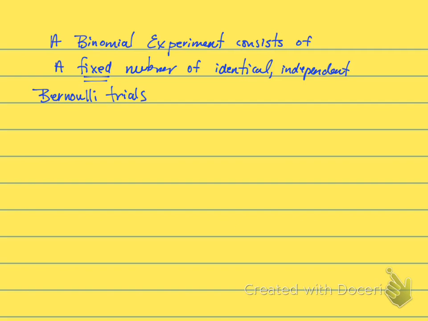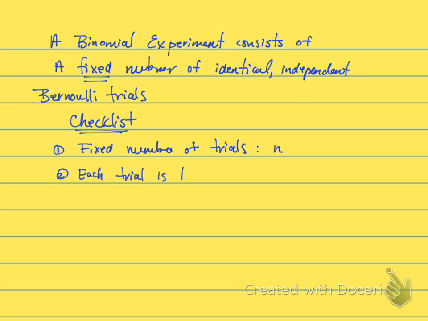Whenever you're looking at an experiment and trying to decide if it's a binomial experiment, you want to run through this checklist, especially if you're trying to decide which of many discrete distributions it is. First, are there a fixed number of trials, which we denote pretty standardly as n. Second, each trial is Bernoulli. That is, there are only two outcomes, success or failure.